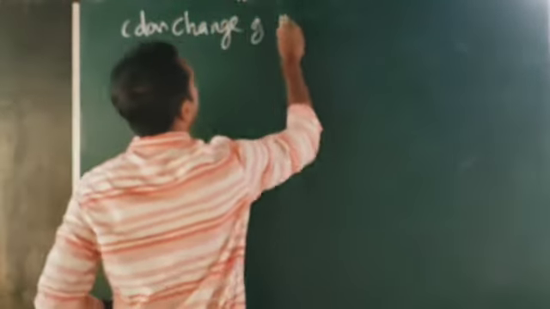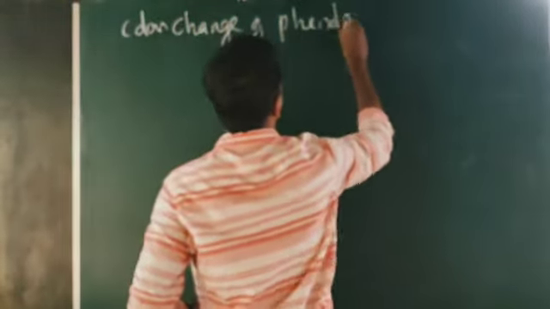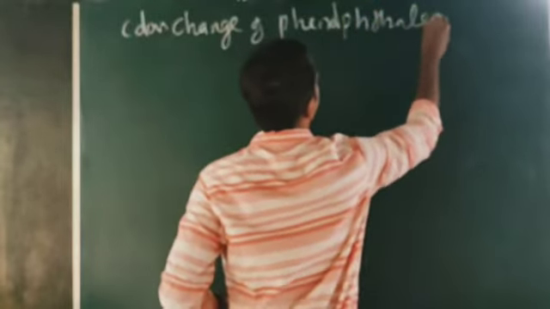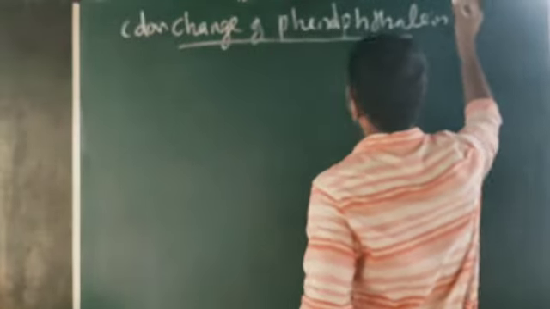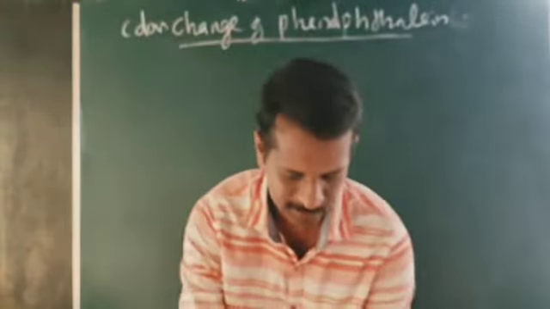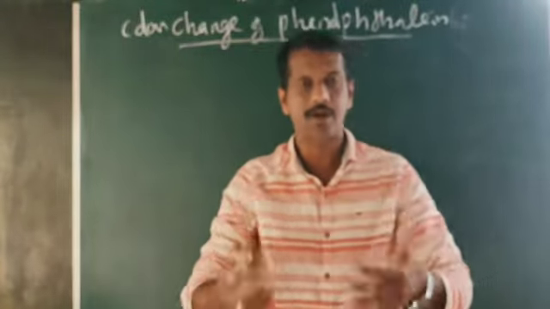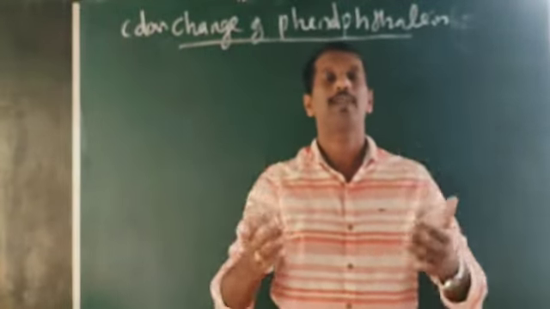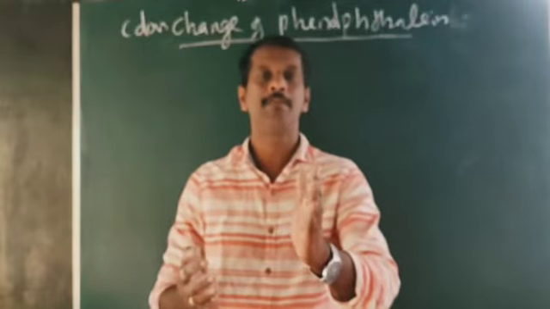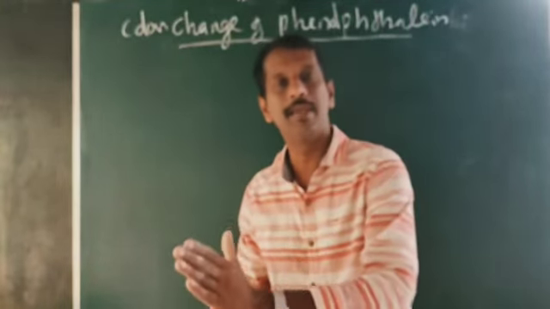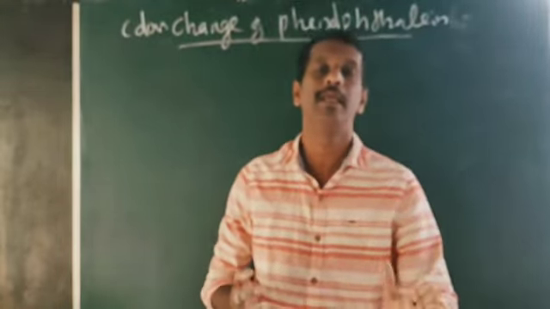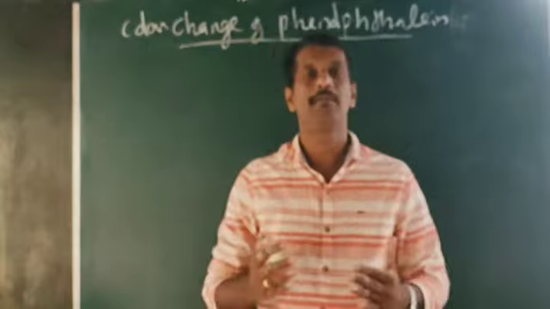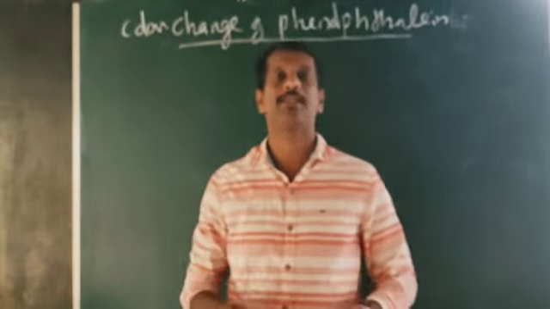Keep it in mind, in this class we are just giving an introduction to the color change of phenolphthalein. Phenolphthalein is pink in color in basic medium and is colorless in acidic medium. That only you keep in mind, and we will continue in the next class. Thank you.